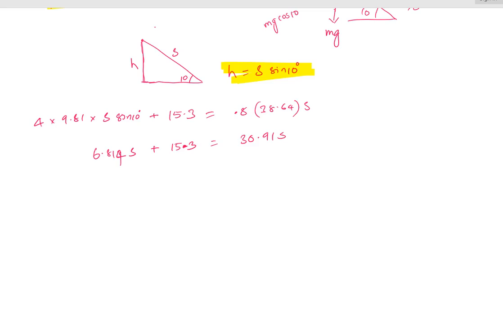So when you put all of this together, let's see what you get. We have s here and s here. So you get s is equal to roughly 0.635 meters along the slope.